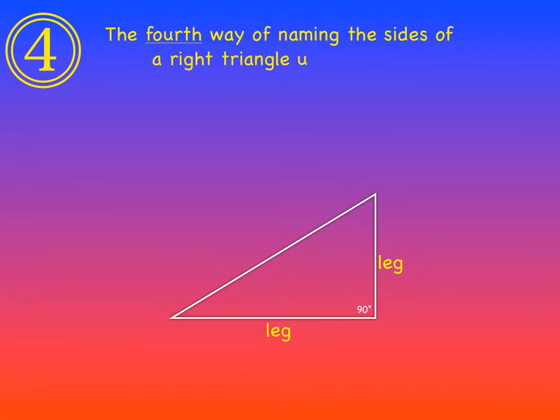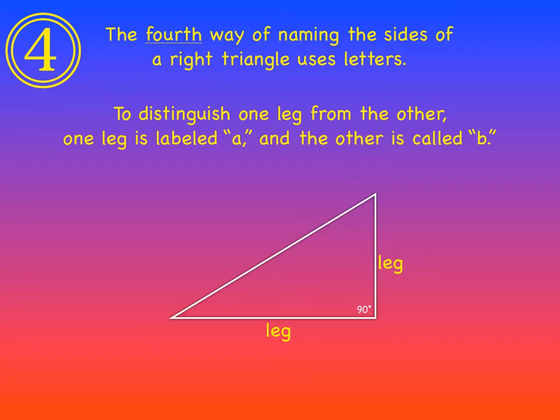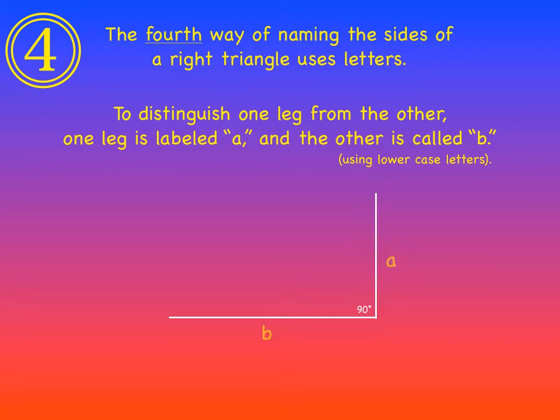The fourth way of naming the sides of a right triangle uses letters. To distinguish one leg from the other leg, one leg is labeled A, and the other is called B. So here's the two legs. We've got leg A and leg B. Or you could just call them A and B. Then there's the hypotenuse.